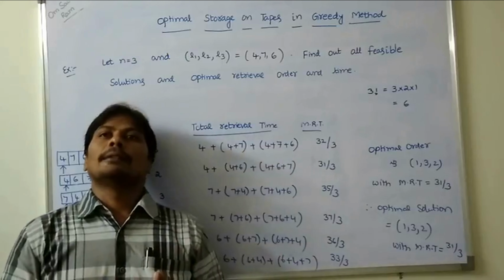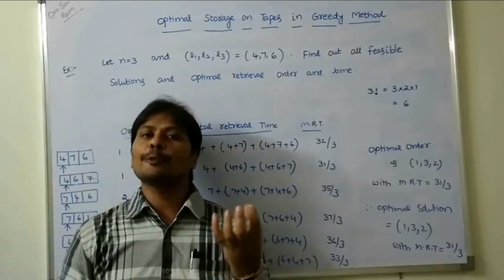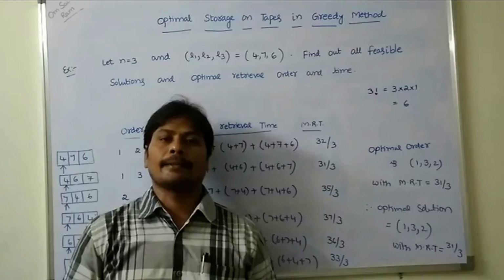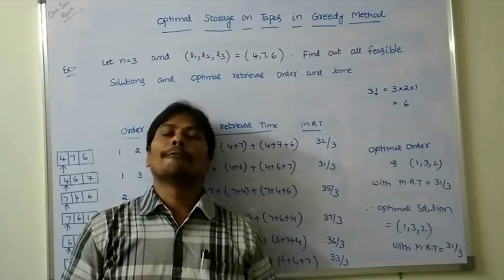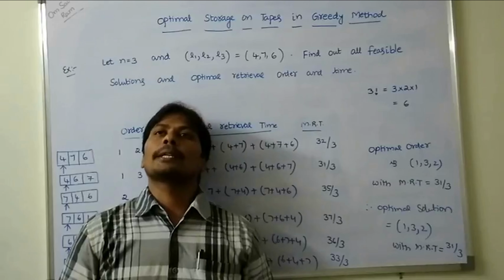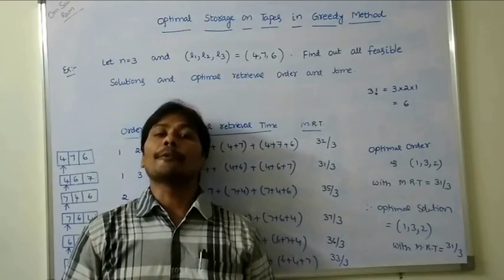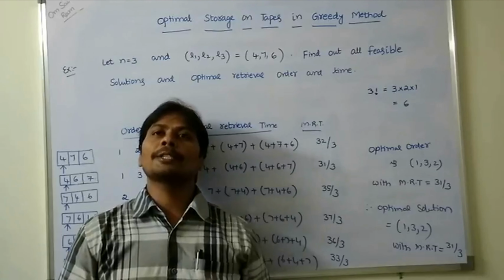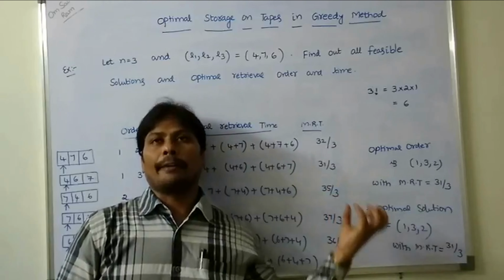If the number of programs is greater than 3, it is very difficult to find out the number of possible ways. Suppose n is equal to 4, there are 4 programs, so that is 4 factorial, equal to 24 possibilities. It is very difficult to arrange 24 possibilities and find out the total retrieval time.